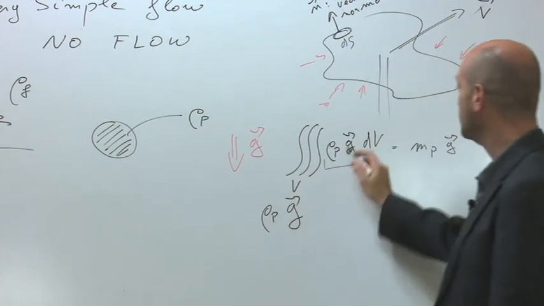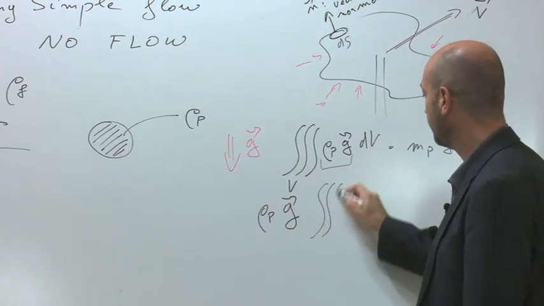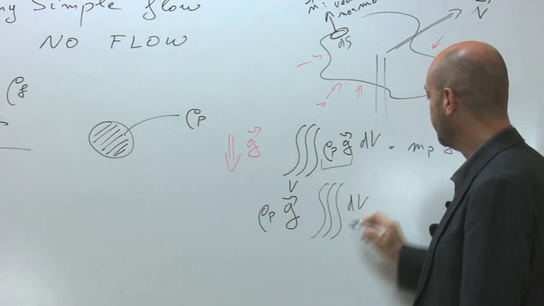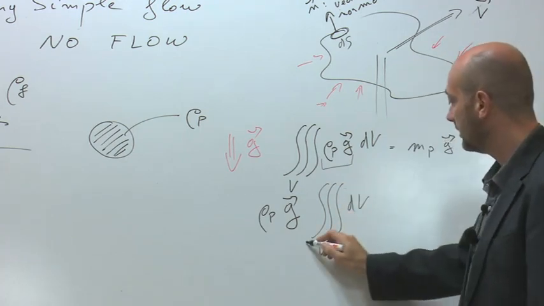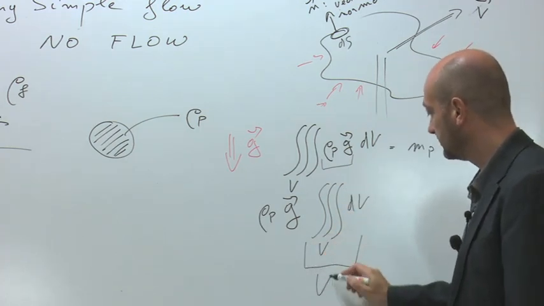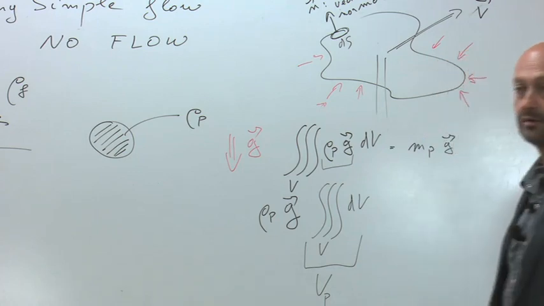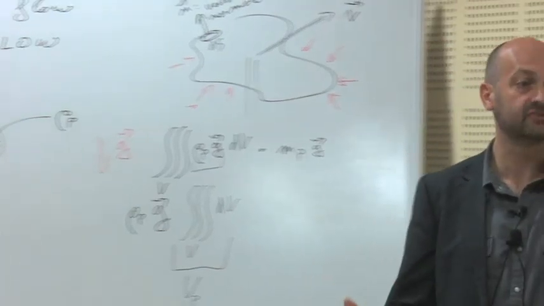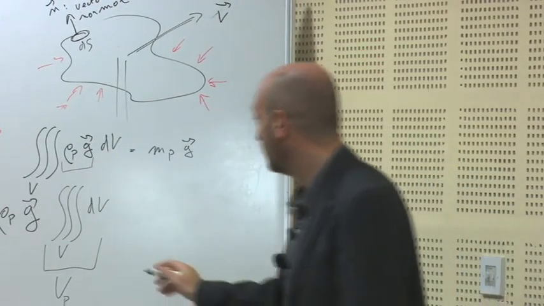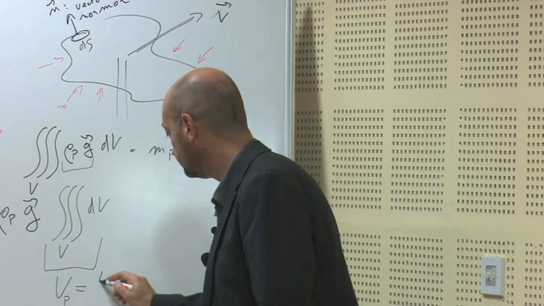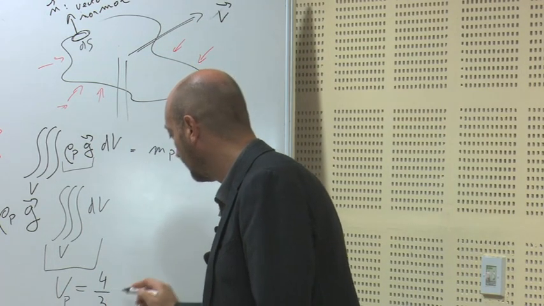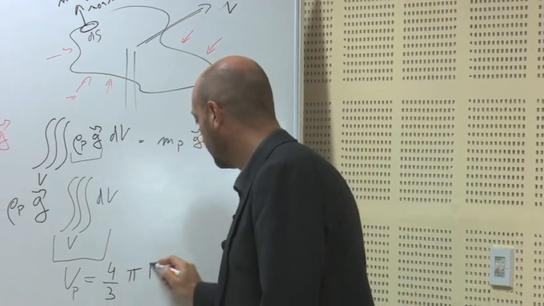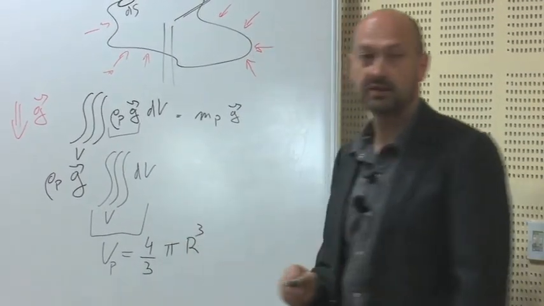So you have rho p g, and you have the integral of dV, and the integral of that is the volume of the particle. Okay, so if it's a sphere, that would be 4/3 pi r cubed.